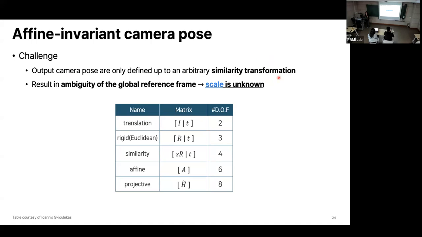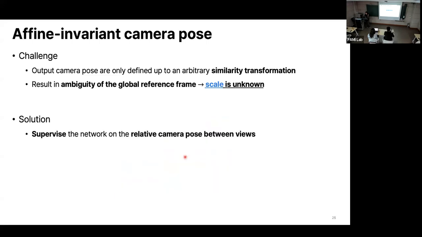I think most of you have also heard about the similarity transformation, and it is just a linear transformation with scale in here. So they also have some scale ambiguity in the camera pose. To solve this, they supervise only the relative camera poses. So they don't consider any global camera frame.